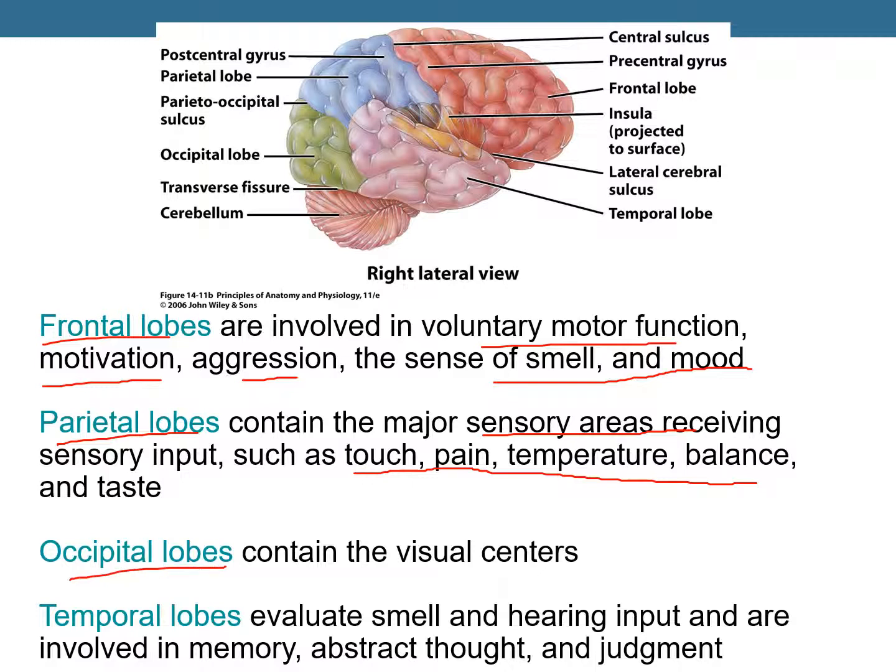Our occipital lobes are important for our visual center. We'll spend a lot of time on that one because it's very well worked out. The temporal lobes are important for smell and primary hearing inputs, and for some of your memory, abstract thought, and judgment. Keep in mind, these are the primary lobes, and there will be associated structures or association cortices located around these regions as well.